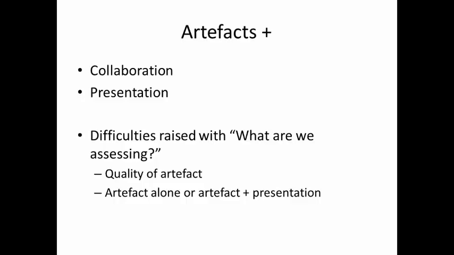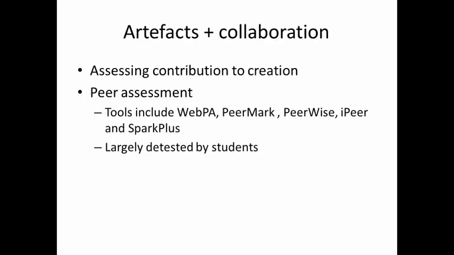When the work is collaborative as well, then we can also assess that using peer assessment. There are plenty of online tools to facilitate this, and I've listed some of them. They've usually got the word peer in them, which makes them stand out. They're all pretty much the same technologically, but they're also very much the same because students just don't like peer assessment.